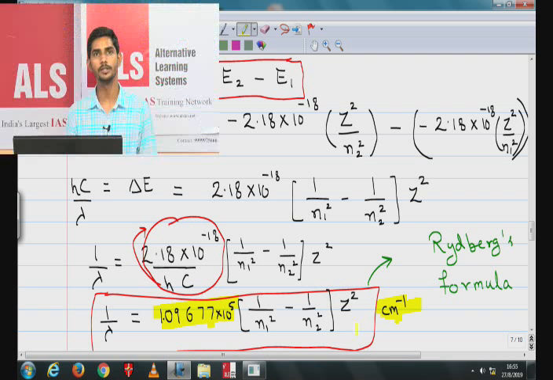This is 1.09 into 10 to the power 5 centimeter inverse. You can note this unit as well. Now tell me, is there anybody who has got any doubt? Guys, have you noted down? Have you copied this?